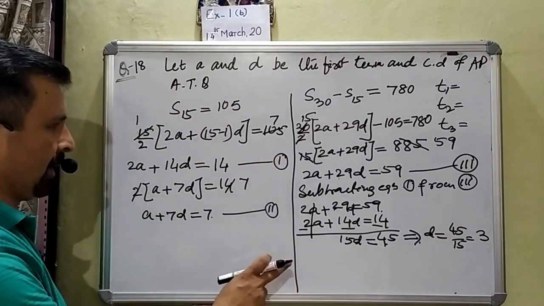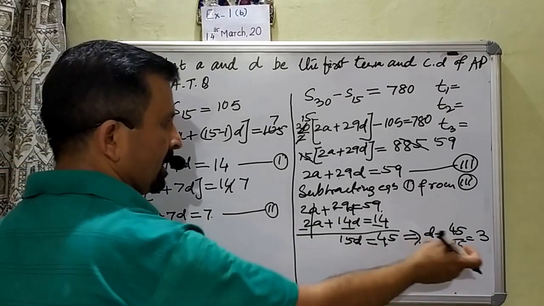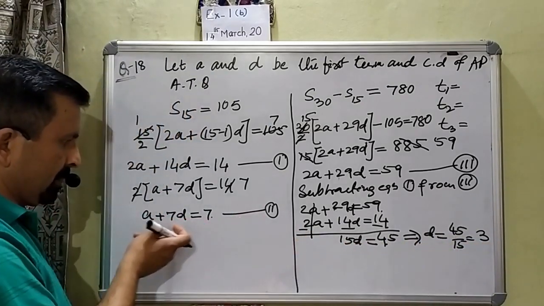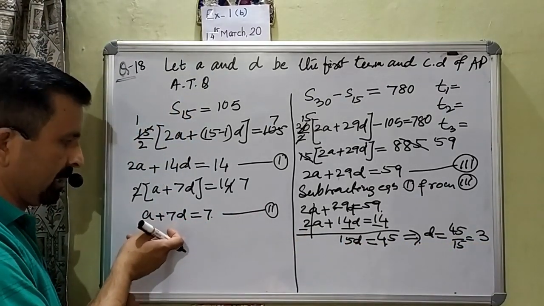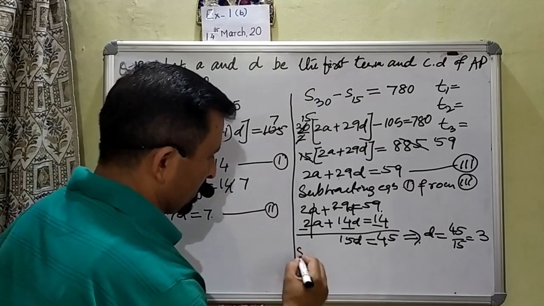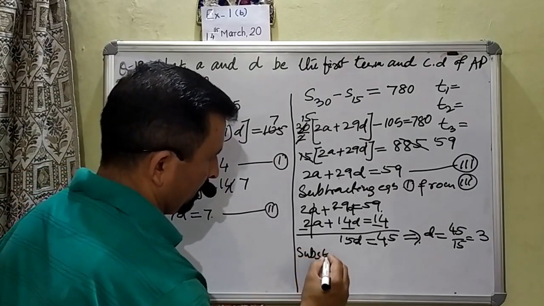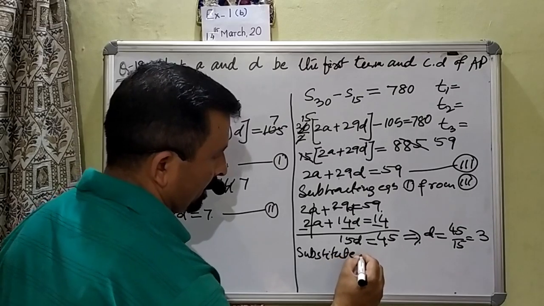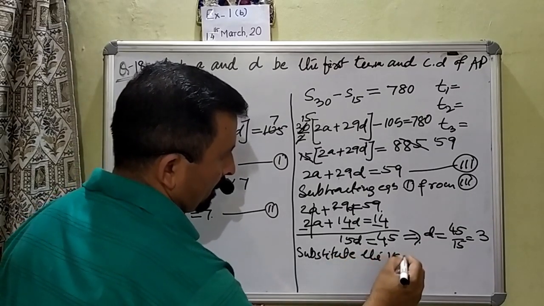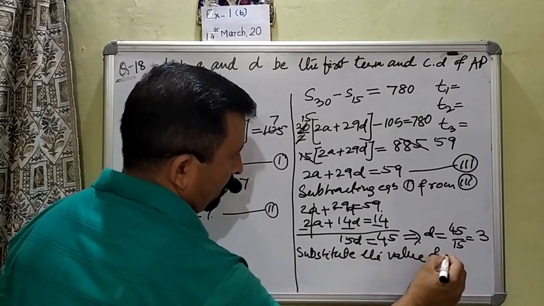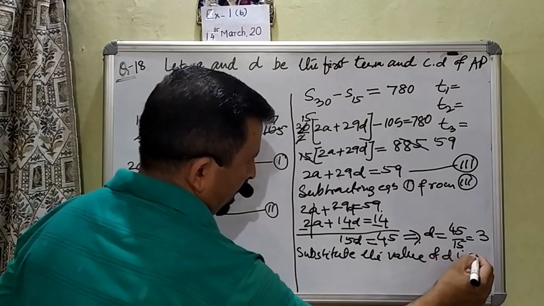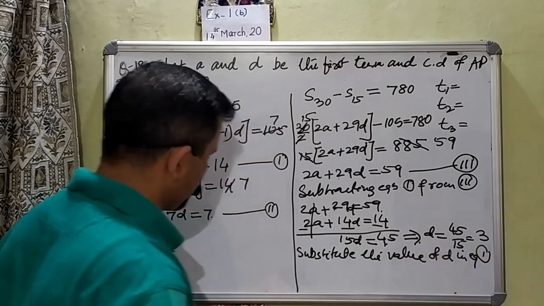Now we have to find the value of a. For finding the value of a, this d value can be substituted in equation number 1 because it is a simpler equation. So substitute the value of d in equation 1.